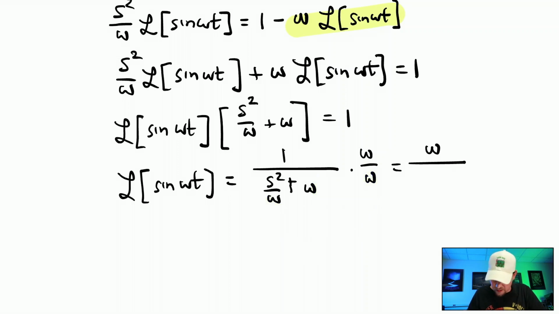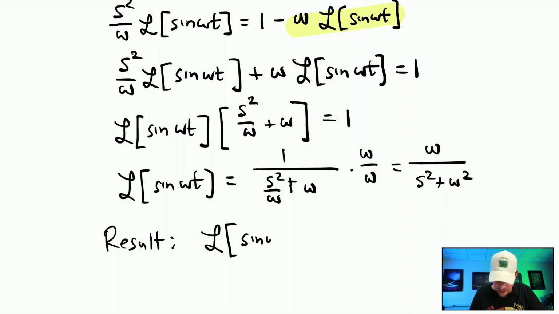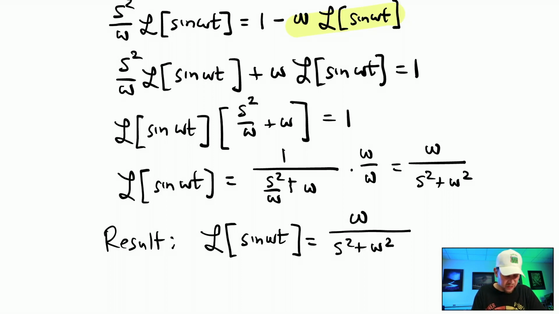And what I end up with is s squared plus omega squared. So my final result, and this is the final result, is that the Laplace transform of sine omega t, and I'm so thankful that I got it right. You can check your book. There are multiple ways in which you can do that. Is omega divided by s squared plus omega squared.